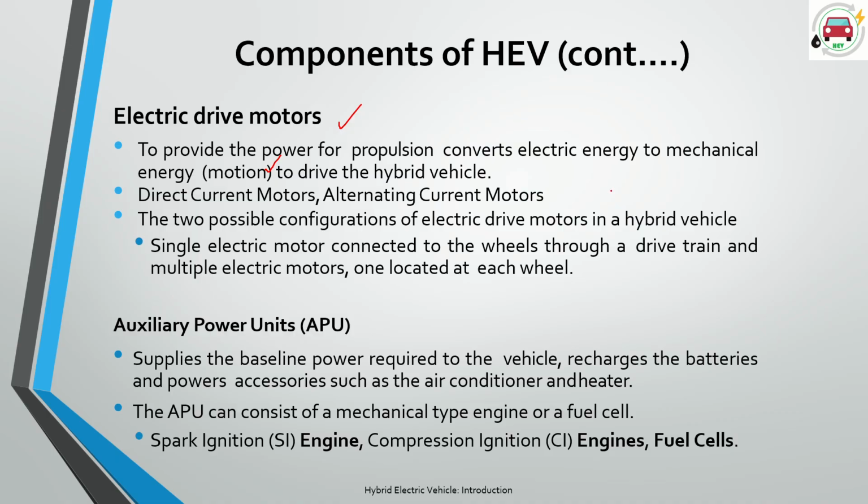So for the possible configuration of electric motors in hybrid vehicles, there are two types. The first is a single electric motor connected to the wheels directly or through the drivetrain, that is the transmission. The second is multiple electric motors, one located at each wheel, that is what we call four-wheel drive.